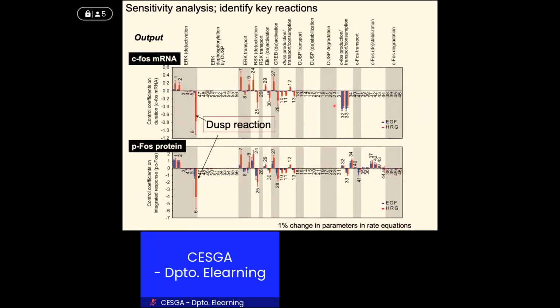As a result, we see that the highest change was observed in this, which is actually the phosphatase of ERK. Actually, it down-regulates the ERK activity. That is the most effective target to change this c-Fos mRNA and the protein.